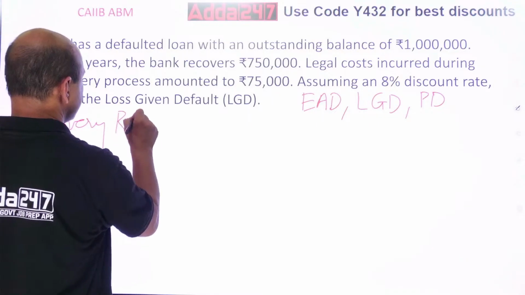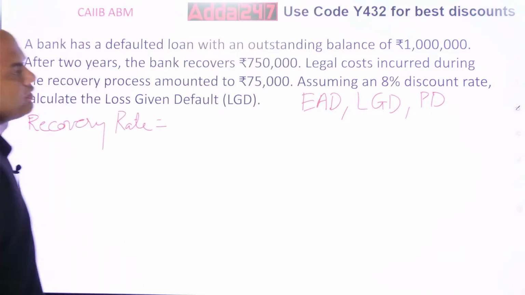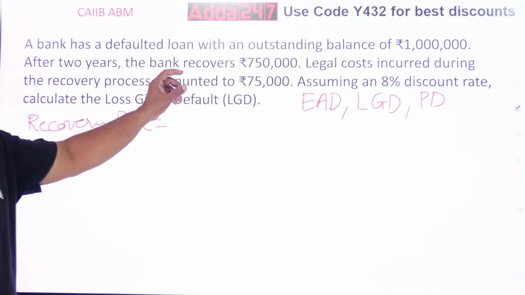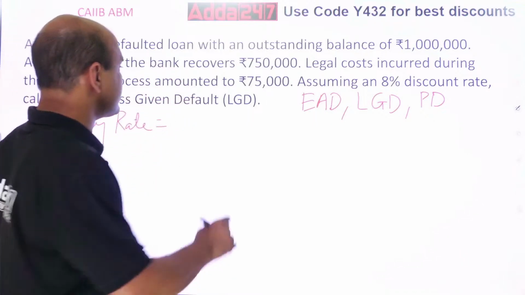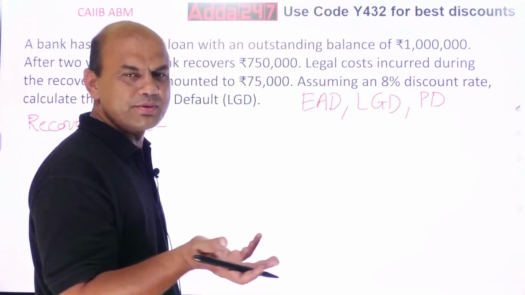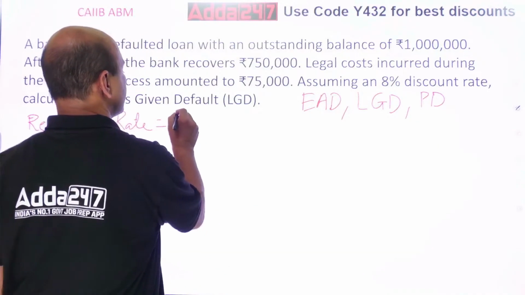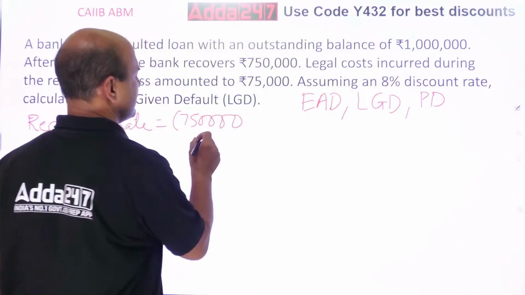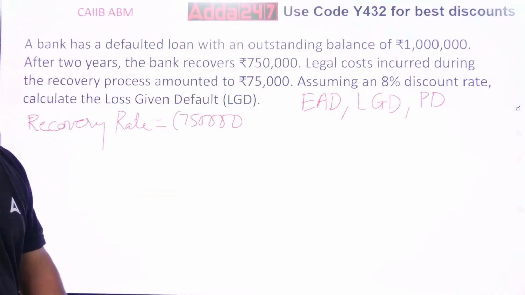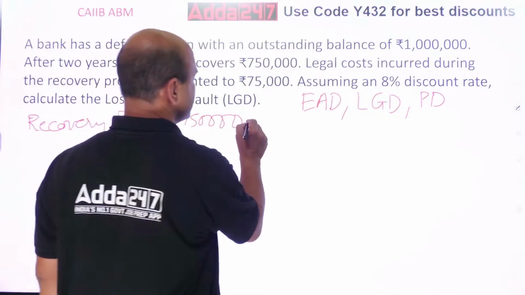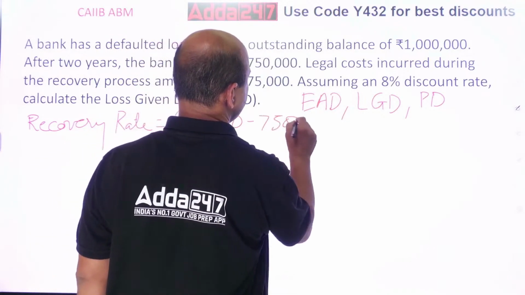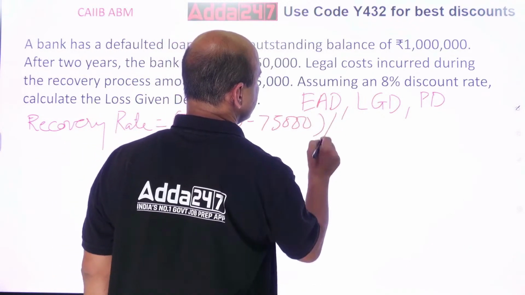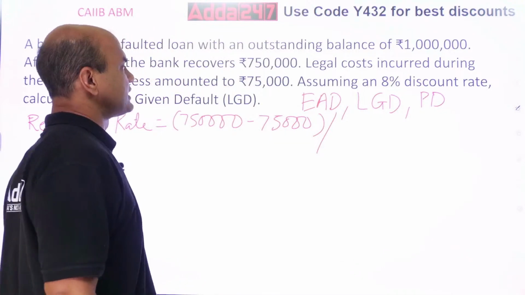For that you need to first find out the total recovery which you have made. So it is basically the present value, using the discounting factor. So 7,50,000 minus 75,000, the whole upon 1 plus r raised to n.